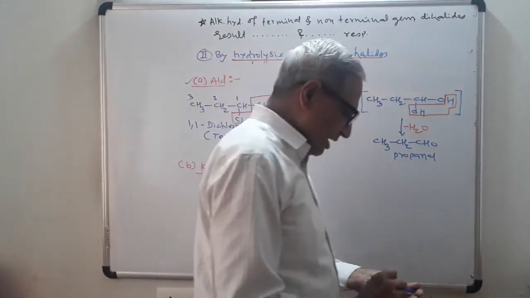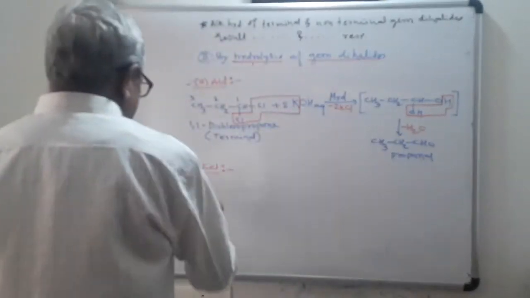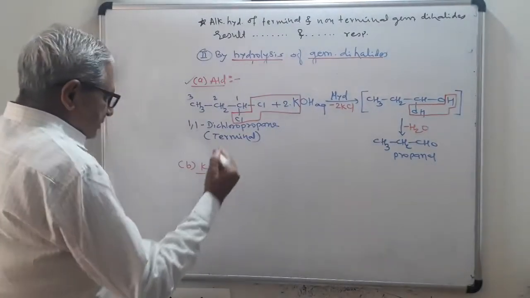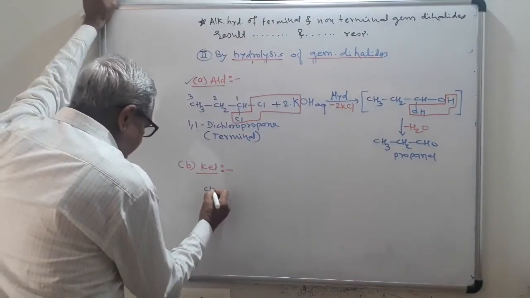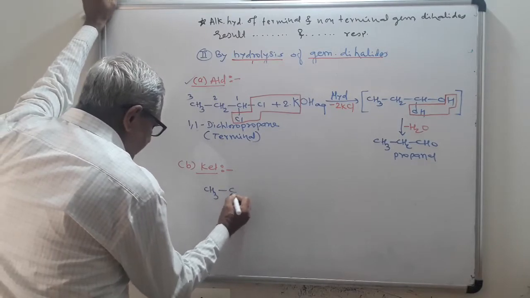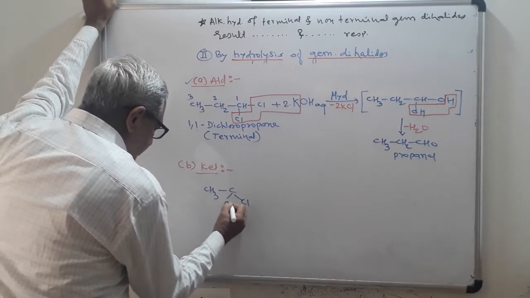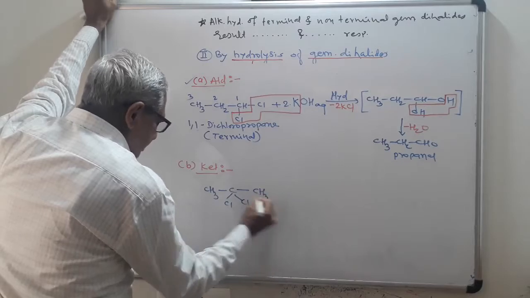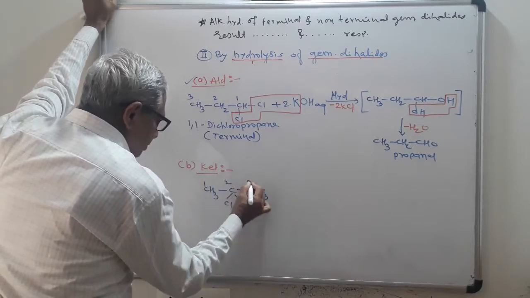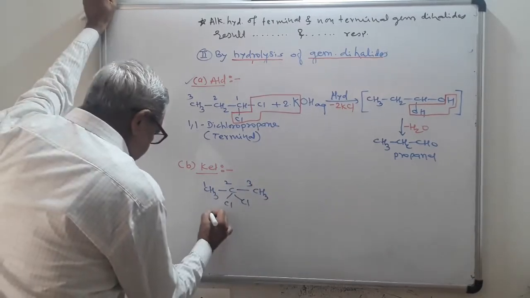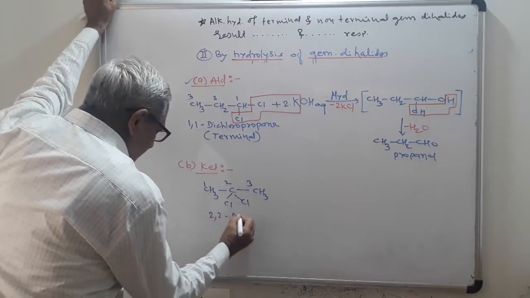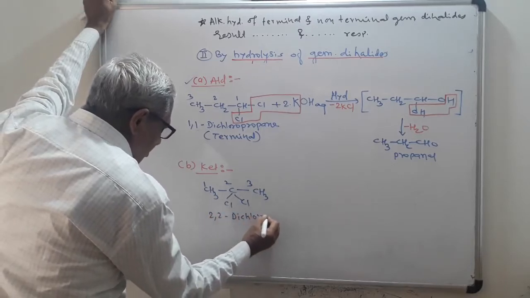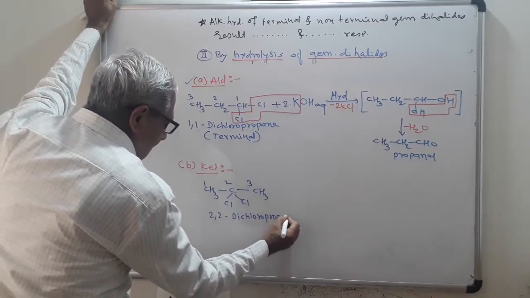Now consider another example, the preparation of ketone. Consider the non-terminal geminal dihalide CH3 CCl2 CH3, carbon number 1 2 3. This is 2,2-dichloropropane.